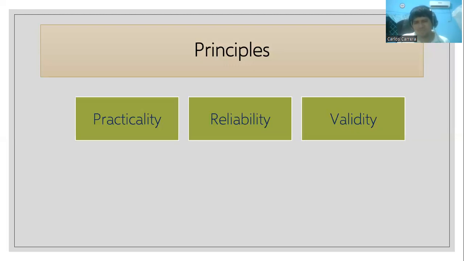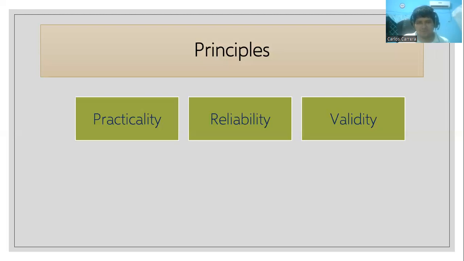And the most important principle is the validity. So what we mean by validity is whether this activity, test, or any tool that you want to apply for assessing the students has a useful purpose or achieves a certain goal in the student performance.